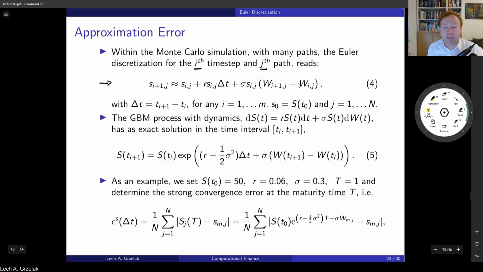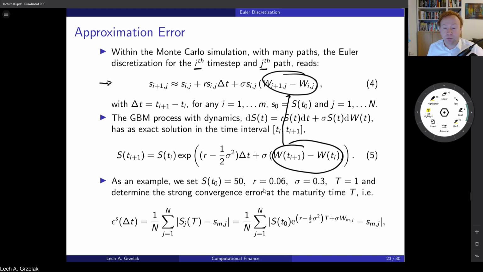And what is very important is that the Brownian motion that we generate here is the same Brownian motion as we use here. In the exact representation we first simulate Brownian motion, and we use the same Brownian motion in the approximation, the Euler discretization. In that way, we are able to compare path by path because in both cases we have the same randomness driving the exact value and the approximation.